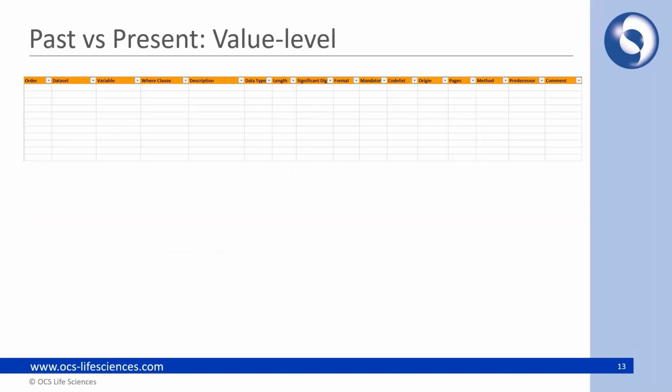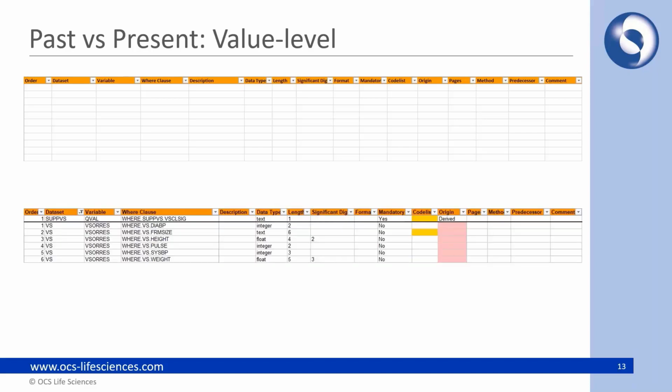Then value level, for instance, is something that Pinnacle 21 does not derive. So this is something we had to do manually. And you can imagine if we have a lot of datasets, this ends up being a very long process. Our program will derive value level metadata for findings domains, for supplemental qualifiers, and for TS.